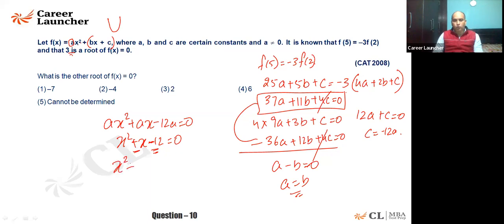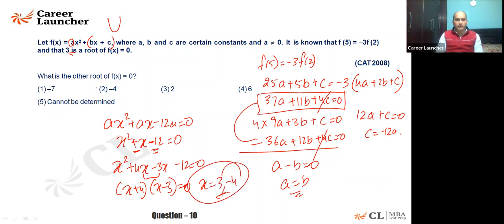So 4 threes are 12. I can say 4x minus 3x is equal to 1x, minus 12 is equal to 0. I'll say the factors will be x plus 4 and x minus 3 is equal to 0. I'll say x is equal to 3 and minus 4 are the roots of it. 3 is already given. The another root is coming out to be minus 4. Is it fine, everyone?